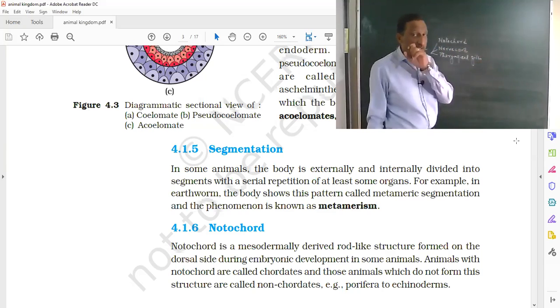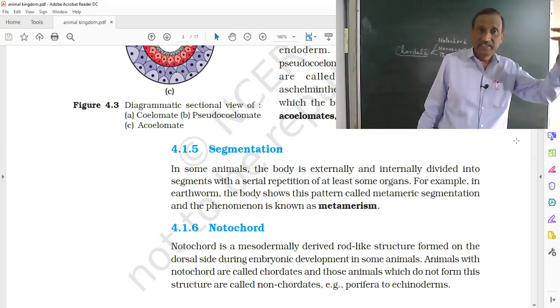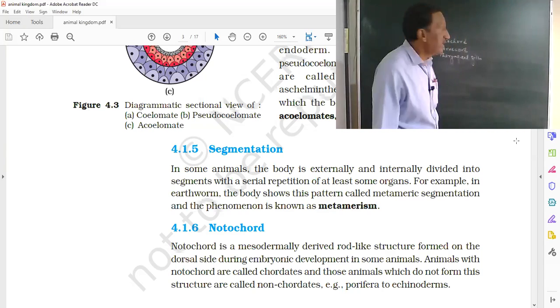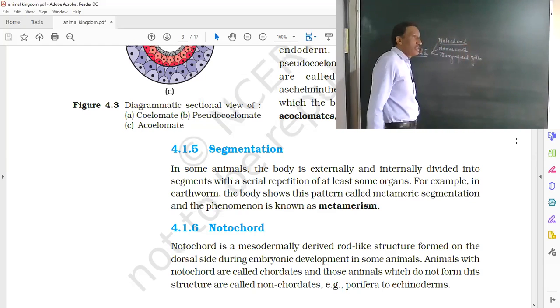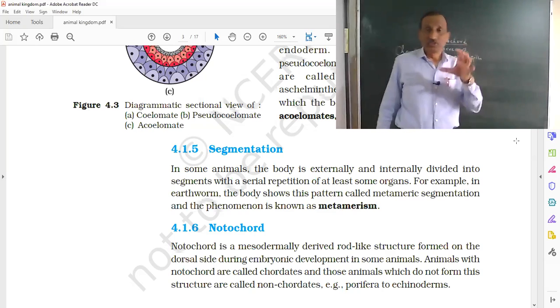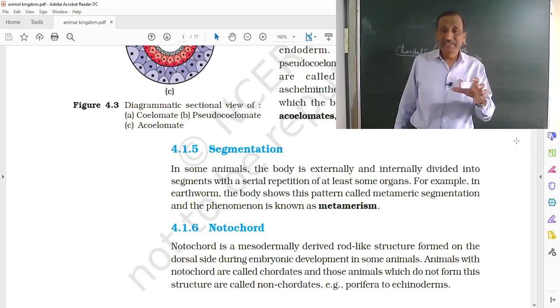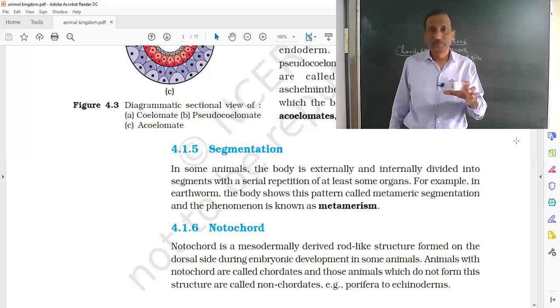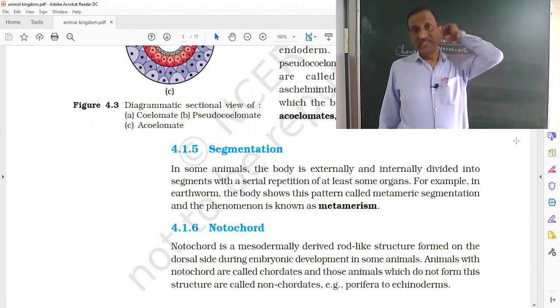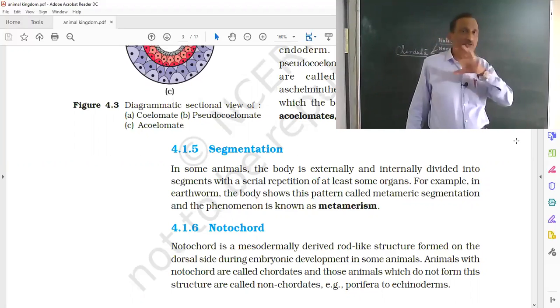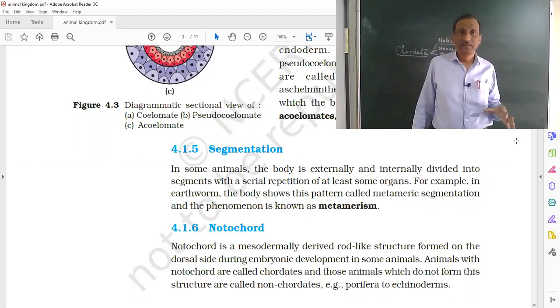We are describing here only the notochord, but the other two things will be described later on. Anyway, what is the notochord? The notochord is a solid or rod-like structure which is found at the dorsal side of these animals, through which most of the muscles are connected.